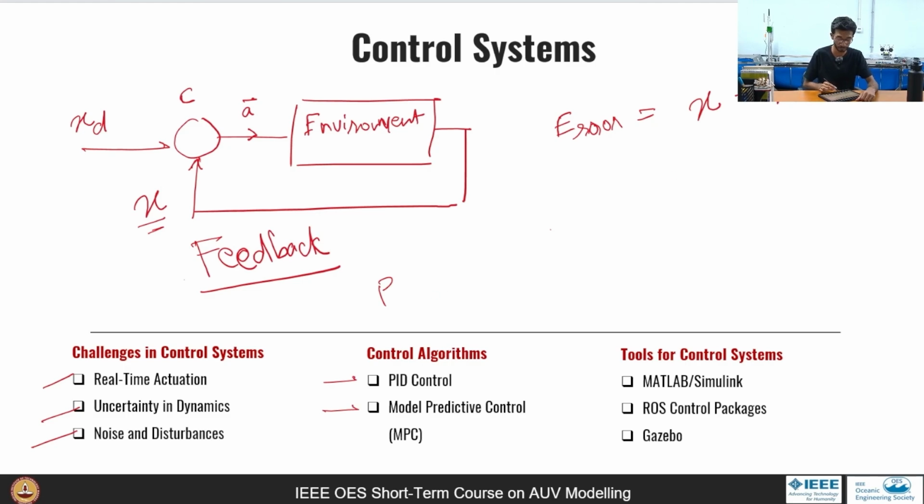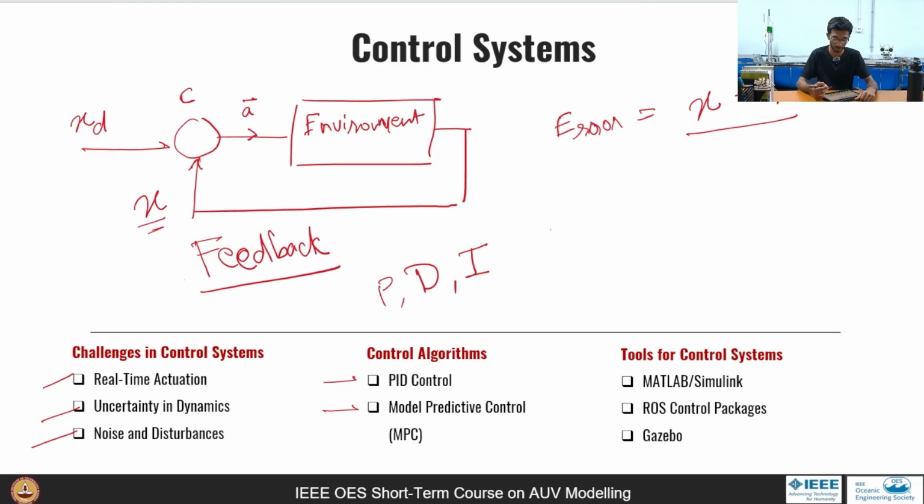A PID algorithm will use a correction factor proportional to this error, the derivative or the variation of this error over time, as well as the accumulation of this error, which is included in the integral term. A PID algorithm does not consider the actual dynamics of the vessel and hence may not be the most optimal action for that particular environment.